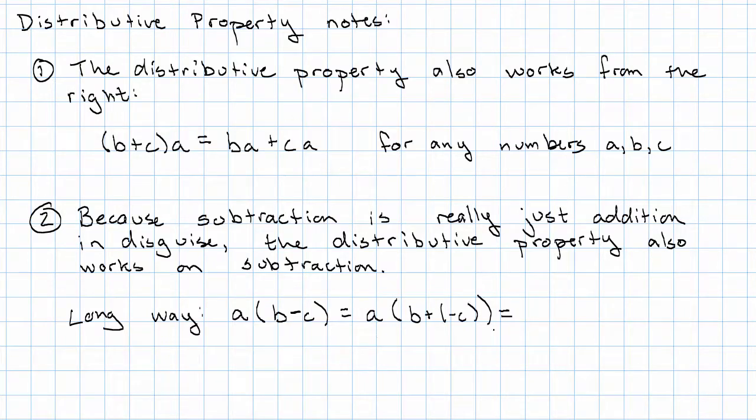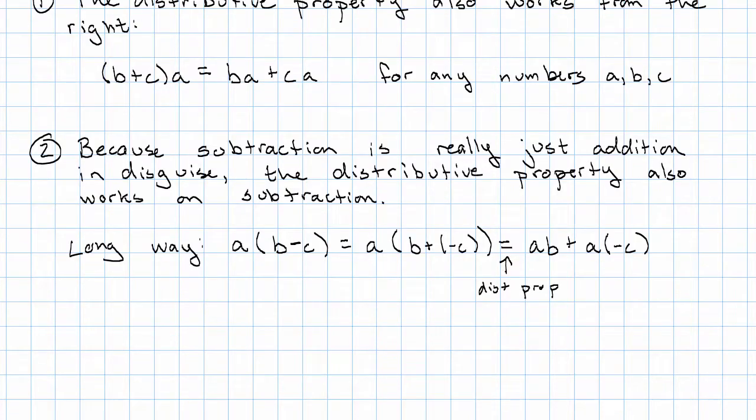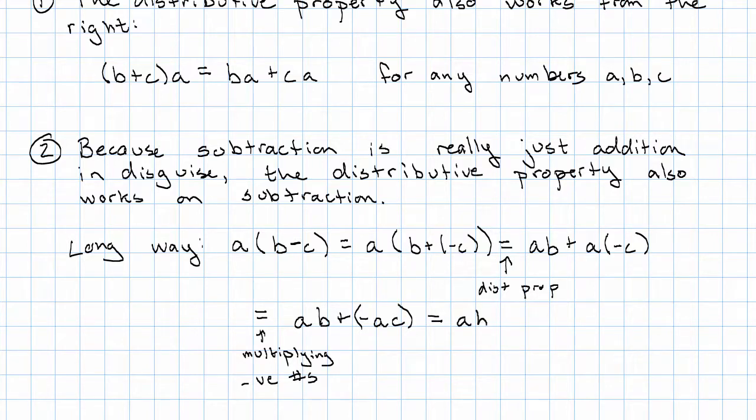The distributive property says that's the same as A times B plus A times negative C. And then, using what we know about multiplying negative numbers, A times the opposite of C is the opposite of A times C. And then finally, we can rewrite that back as subtraction.